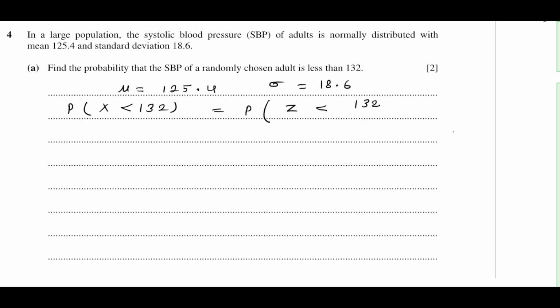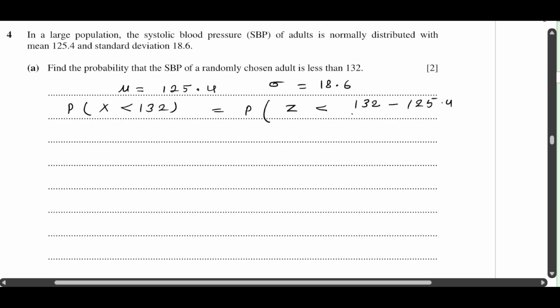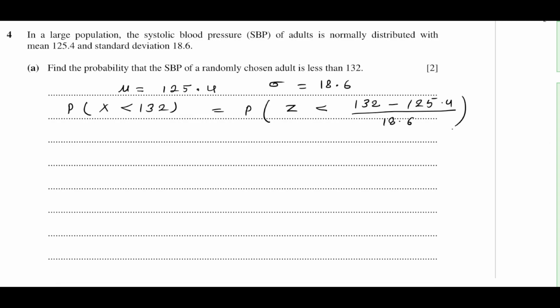In a large population, the systolic blood pressure is less than 132, it is talking about less than 132. So Z is less than 132 minus the mean, which is 125.4, divided by 18.6. What value do we get?